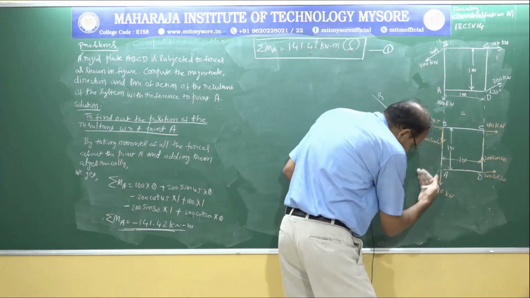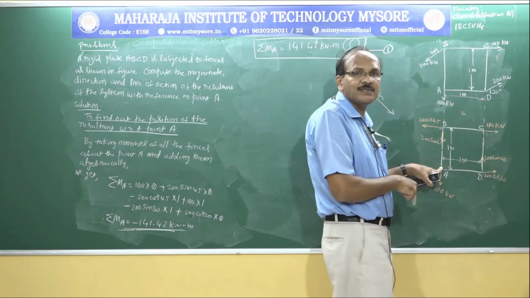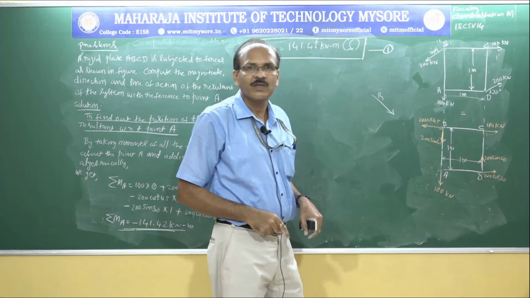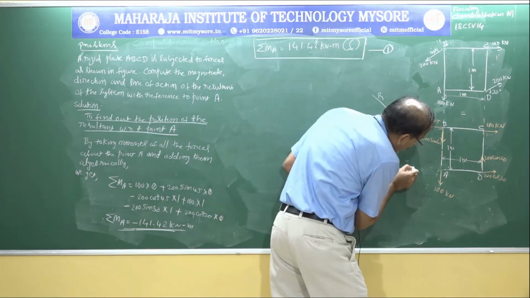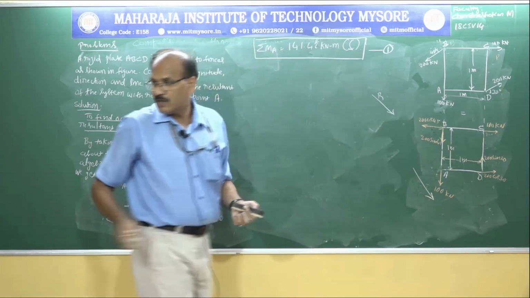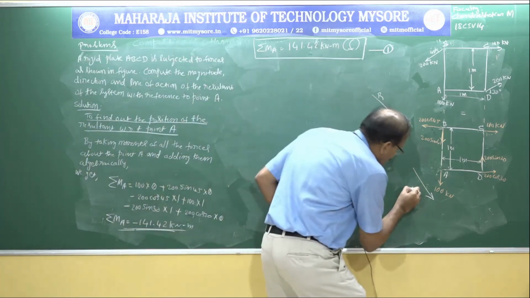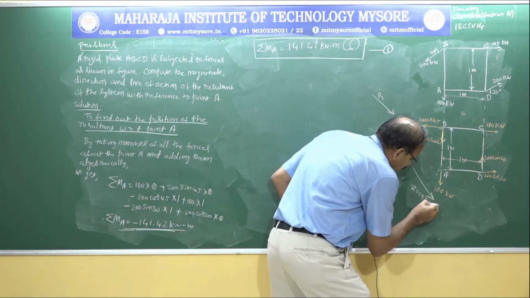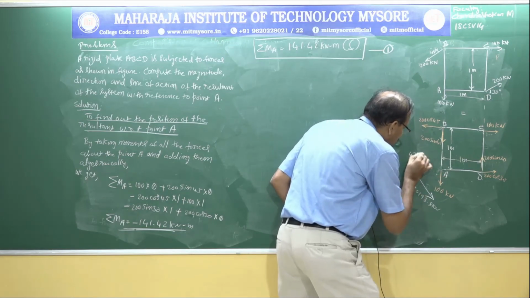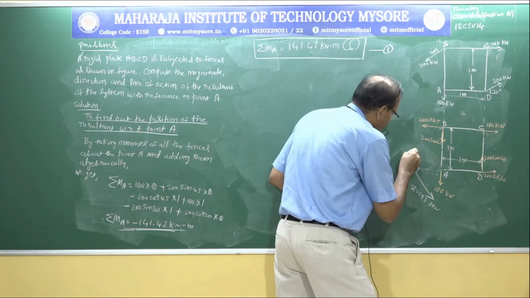If I put the resultant on this side, that resultant causes anti-clockwise moment about the point A. Then the resultant falls somewhere along this line. The magnitude of the resultant is 193.8, and the angle the resultant makes with respect to the horizontal is 47.02 degree.